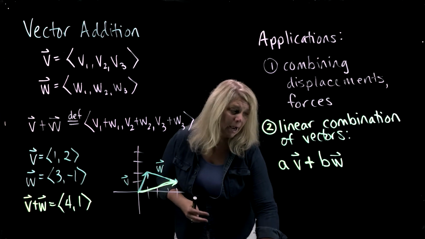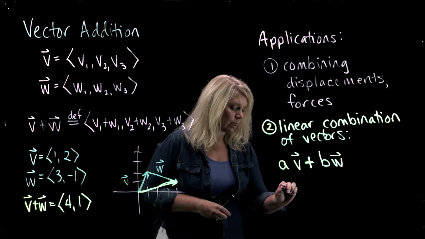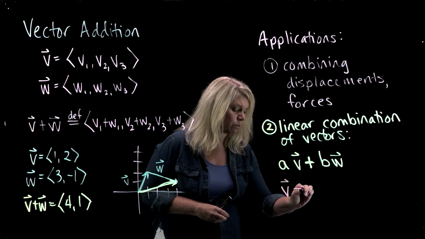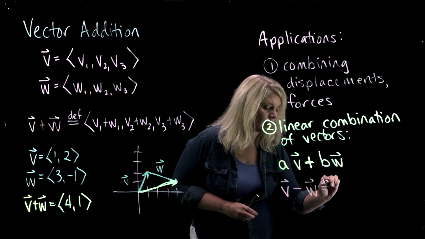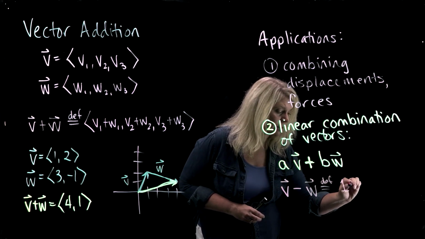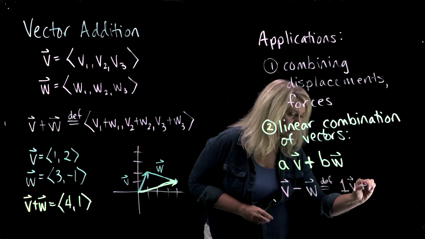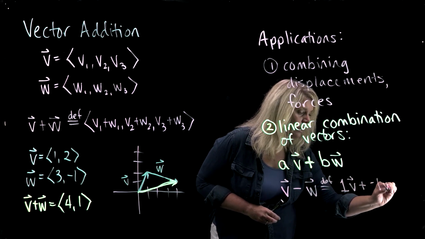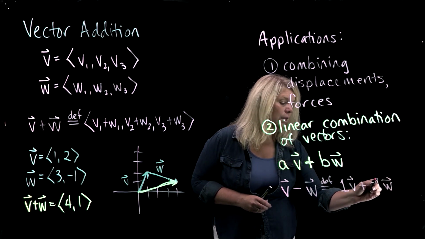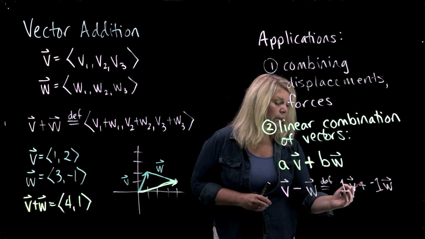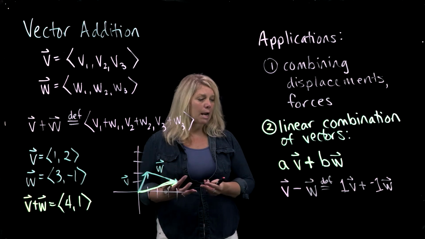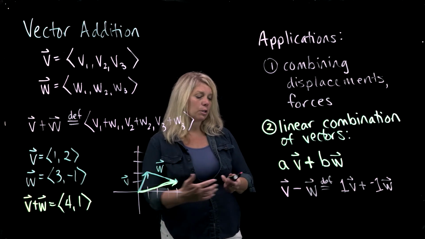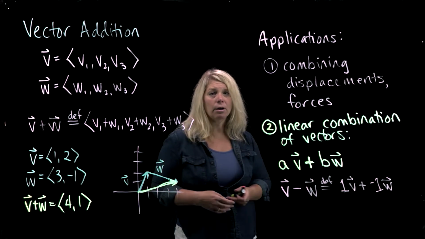You can think about two vectors being subtracted as really just 1 times the first vector plus -1 times the second vector. So you've got a linear combination of vectors here where your scalars are just 1 and -1. So it's really just combining addition and scalar multiplication, so you don't need to define subtraction in any way.